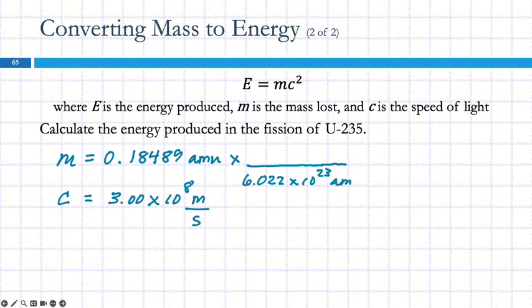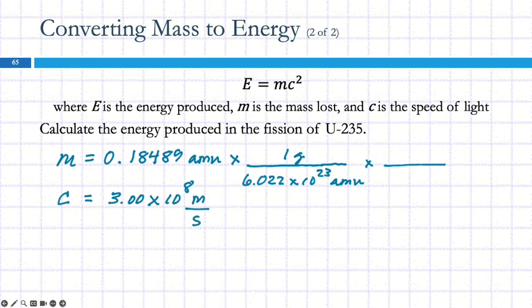So if I remember correctly, Avogadro's number of atomic mass units is equal to 1 gram. The mass of a mole of things in grams is equal to the mass of one of those things in atomic mass units.